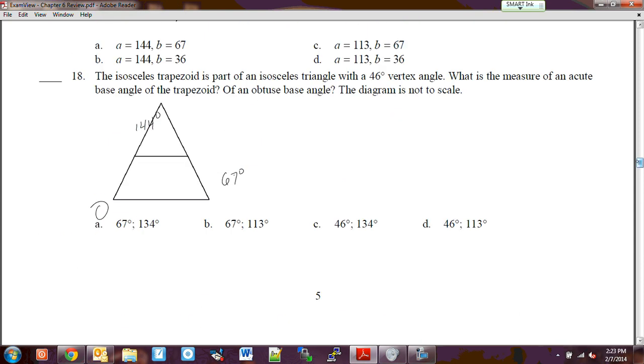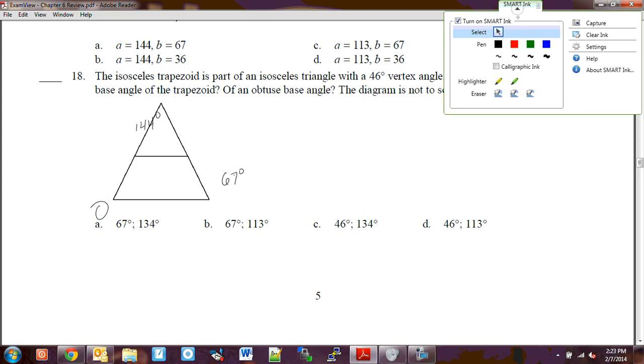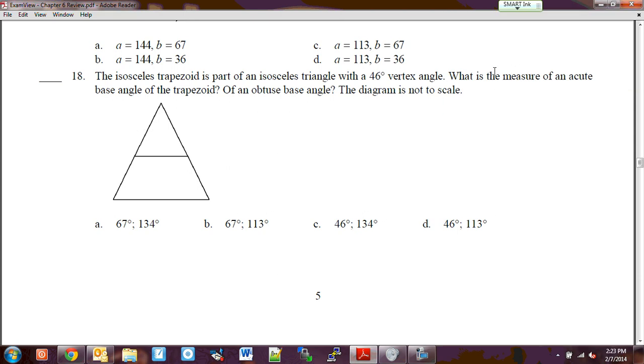All right. Let's keep going. 18. This isosceles trapezoid is part of an isosceles triangle with a vertex angle of 46 degrees. What is the measure of an acute base angle of the trapezoid? So, an acute base angle of the trapezoid, that would be these two. Since we know it's an isosceles trapezoid, we know they're the same, so all we have to do is find one of them.